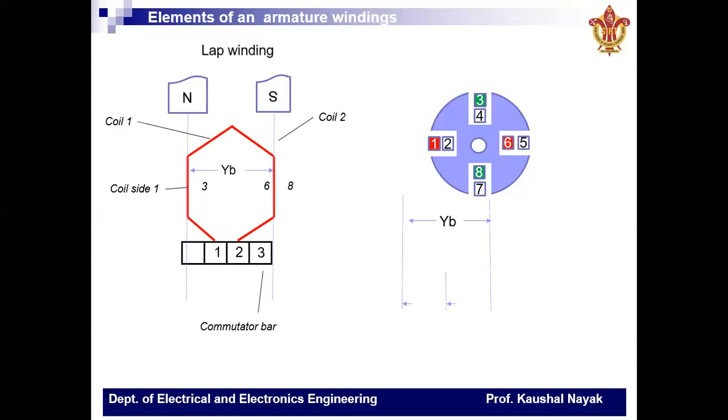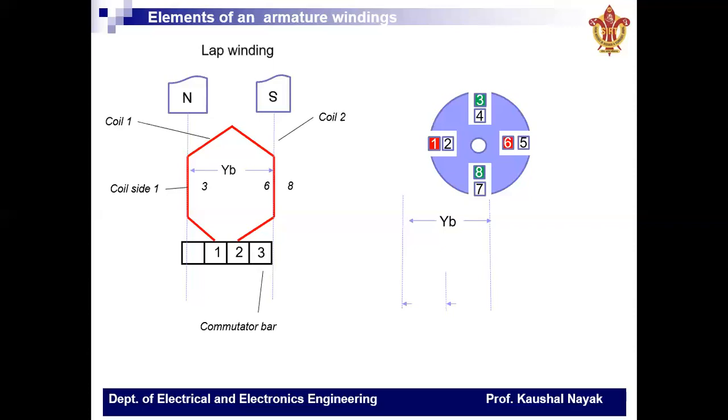YB represents back pitch. The distance between the top and bottom coil sides of one coil, measured at the back of armature or at the other side of the commutator, is called back pitch. It may be expressed in terms of teeth, slots, or more conveniently in terms of coil sides.